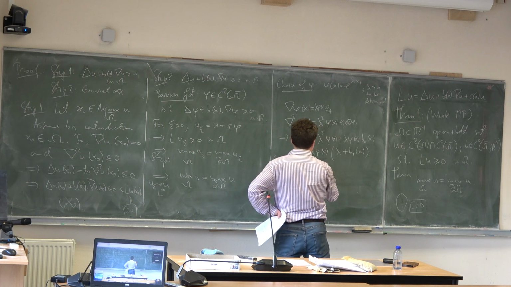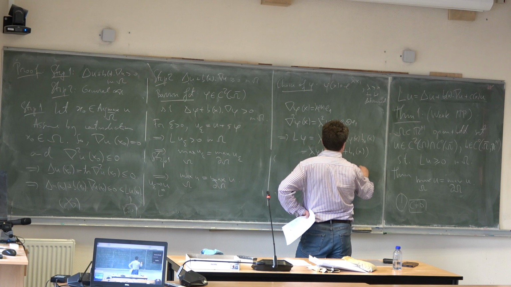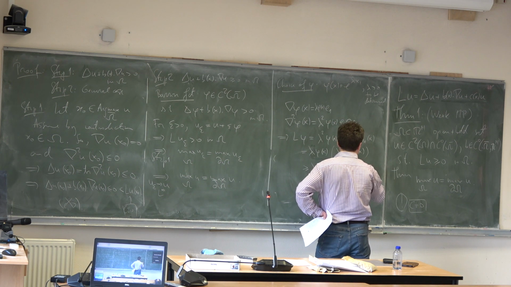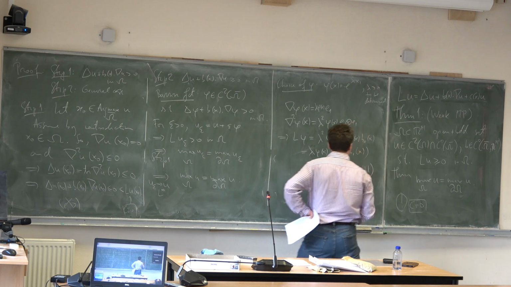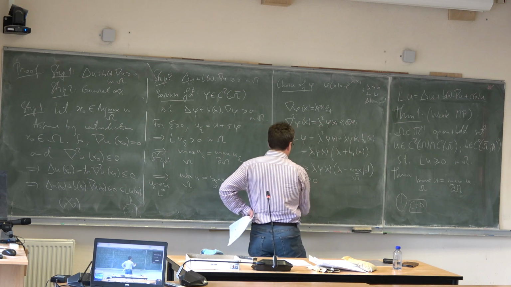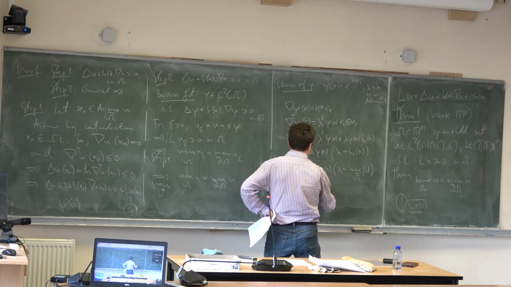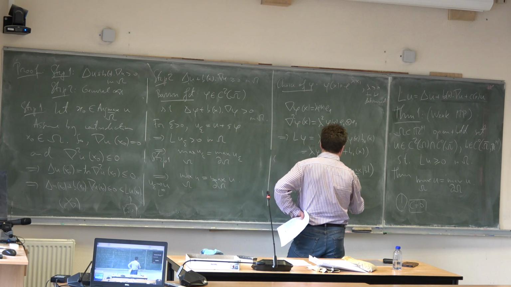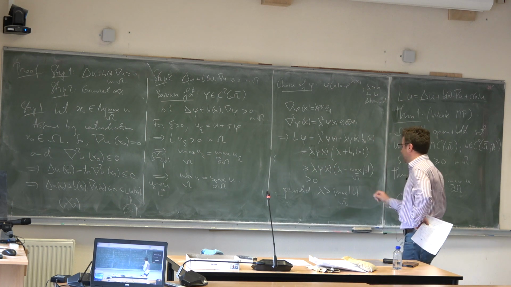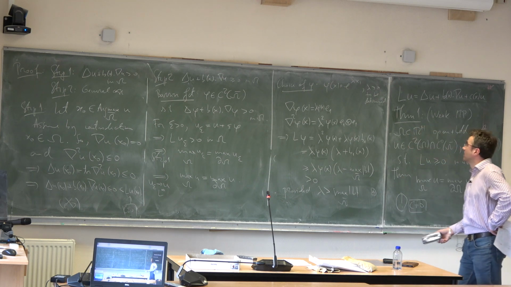So this is larger than lambda minus the supremum of b. Anyway, b is bounded on omega. So this is strictly positive, provided that lambda is strictly larger than the maximum of b, the L infinity norm. So you are done. Okay?